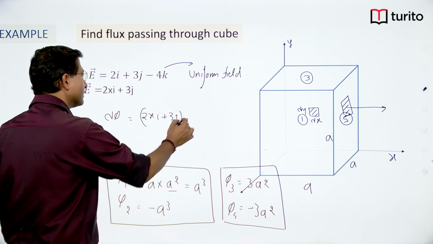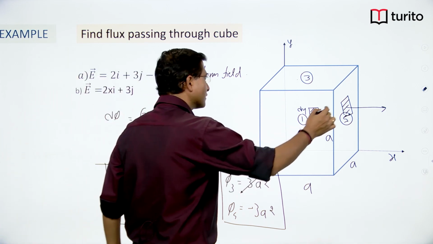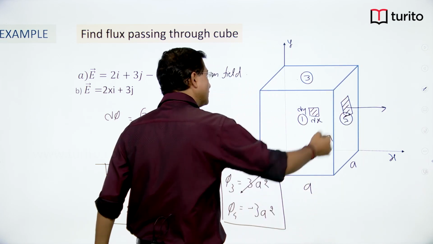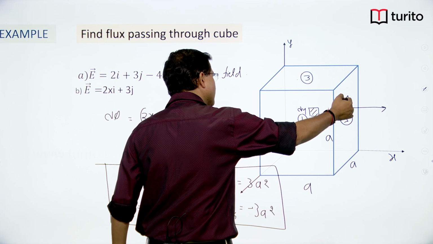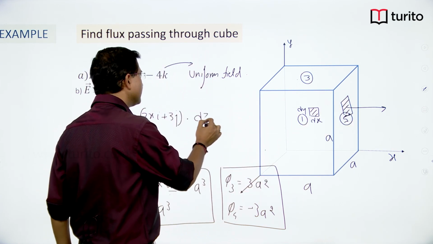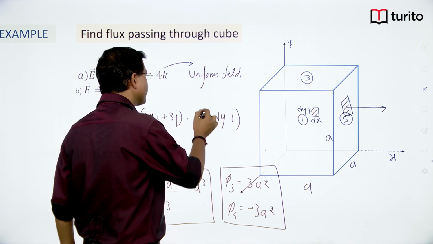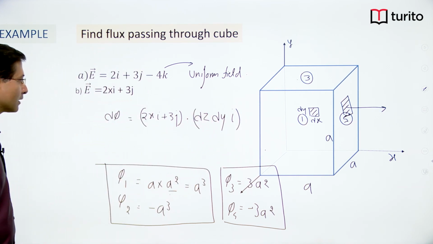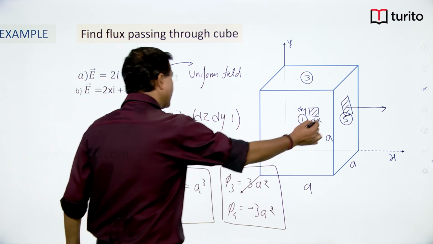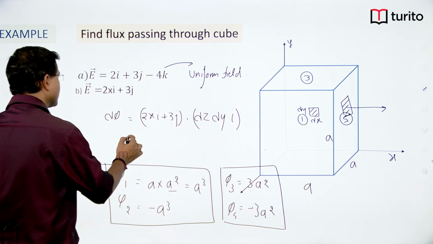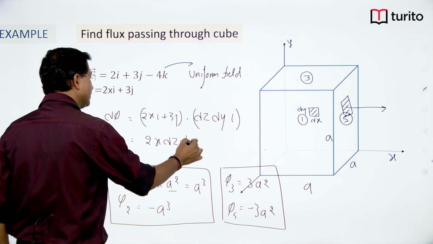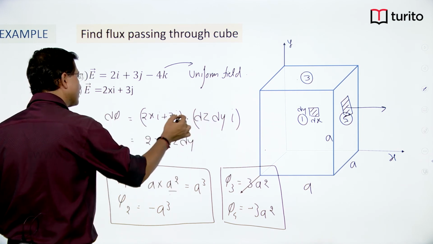So, here I can write dz and dy, dz dy i cap, right. This is for the fifth surface, i dot i is 1. So, this will become 2 times x dz dy, i dot i is 1, i dot j is 0.